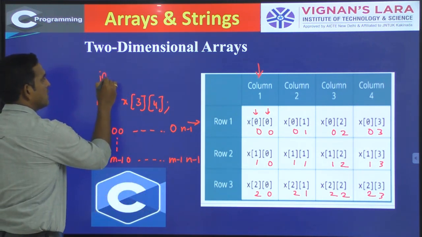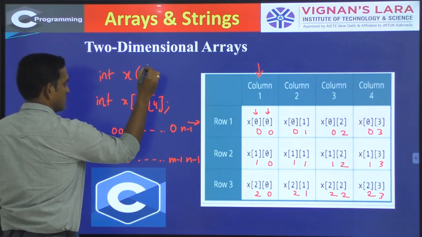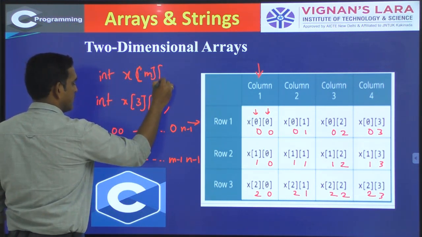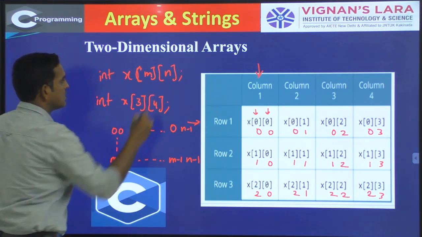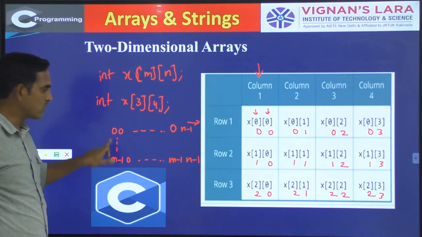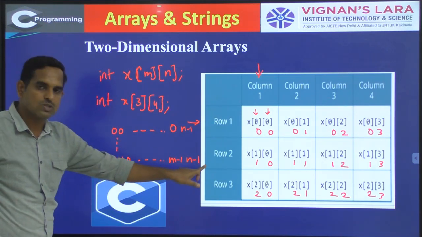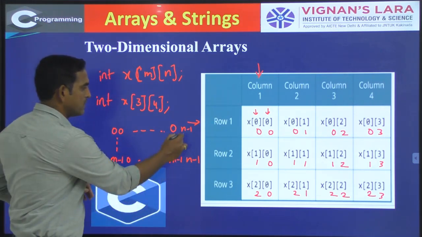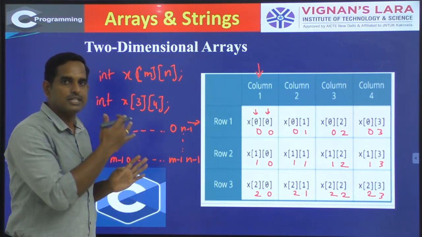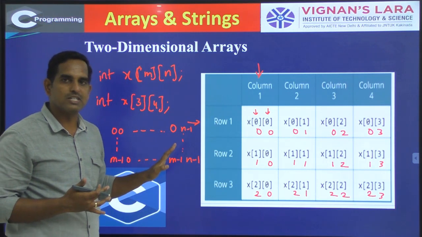If your array is of size m by n, your indices will start from 0, 0 to m minus 1, n minus 1. These will be the indices present for each and every element in your complete two-dimensional array.